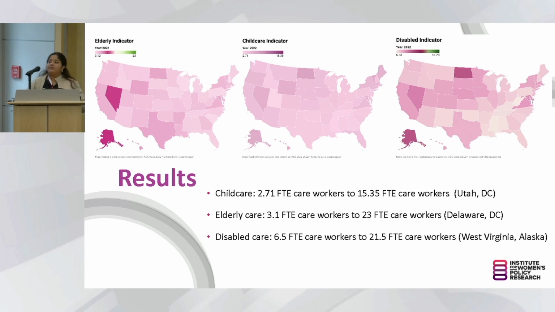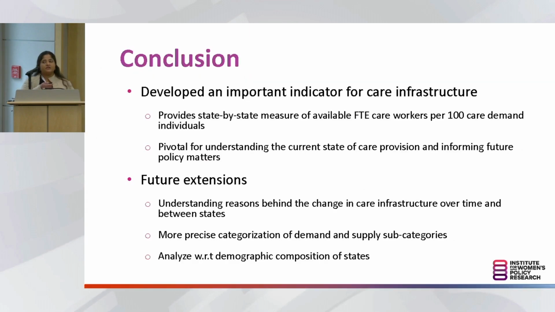What I can mention here is that there are very few states in the higher bounds, and quite a few in the lower to low-middle bound. I'm going to summarize all of this quickly by reiterating the importance of this project. What we've shown here is a state-by-state indicator of how many full-time equivalent care workers we have for each 100 individuals who require care.